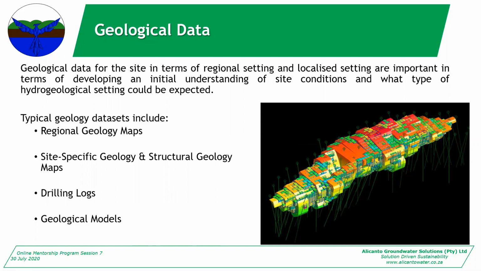The site-specific geology and structural geology maps, if you're lucky enough to have that. Drilling logs from your drilling campaign and from exploration drilling campaigns. And then geological models, if you have that. Typically on the mines, or most mines except for your coal mines and then the limestone mines, will have a geological model of sorts.